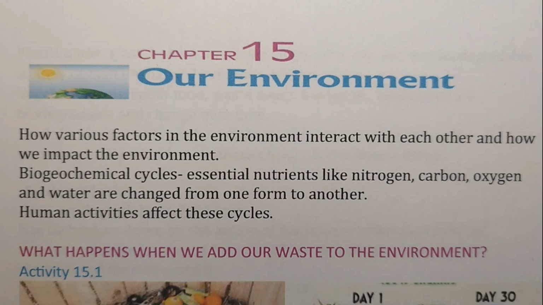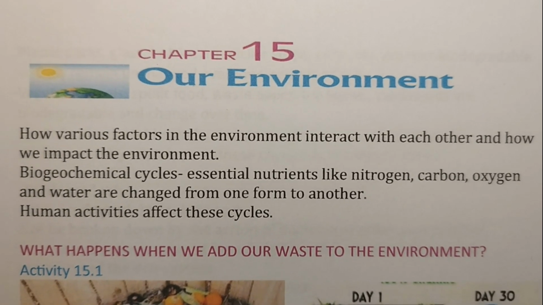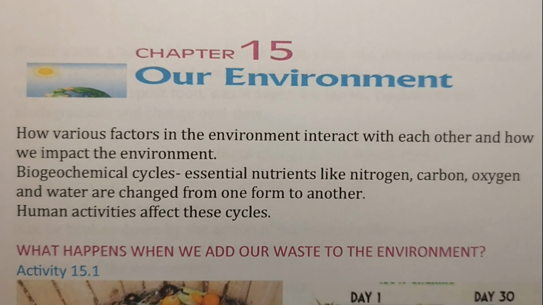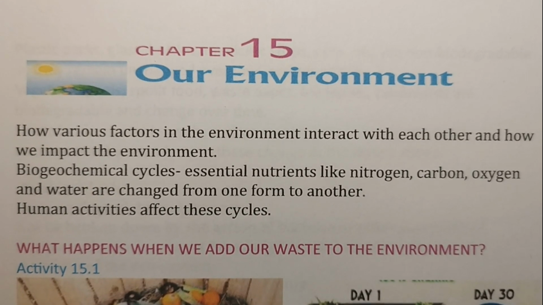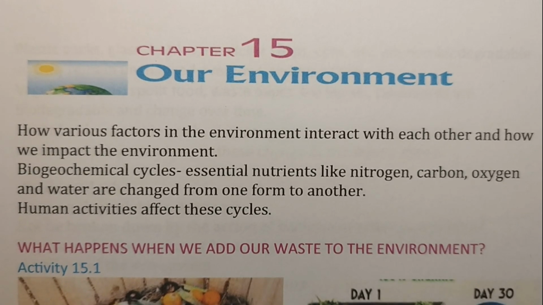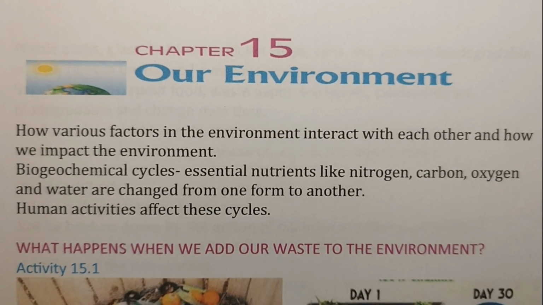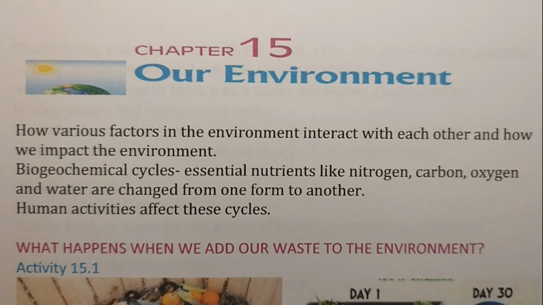One is about waste disposal, and the second is about the impact of various components of the ecosystem on each other, such as environmental factors and living organisms, and how human beings contribute to this impact. So let's go through this now.